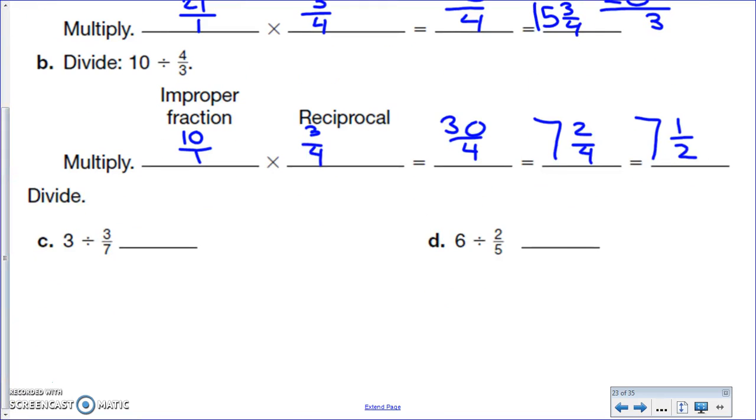For C, we have 3 divided by 3/7, so the first thing we're going to do is put 3 over 1 to make it an improper fraction. Now we're going to make the reciprocal of 3/7, which gives us 7/3.